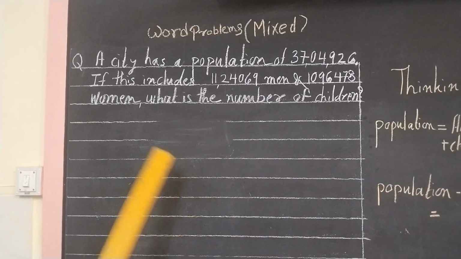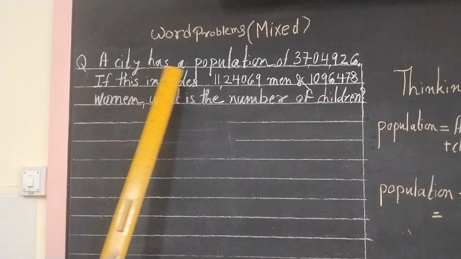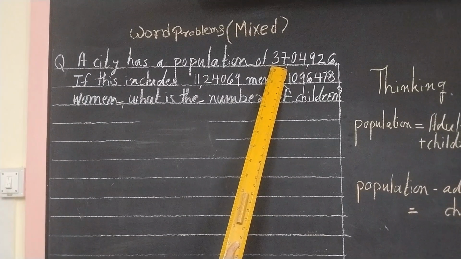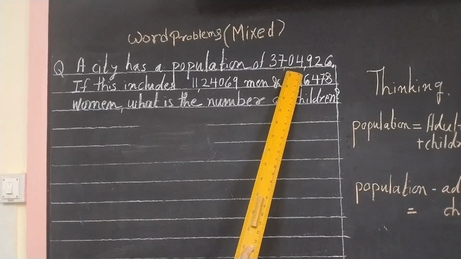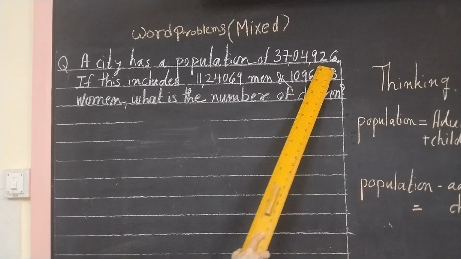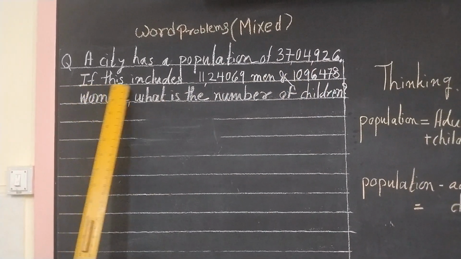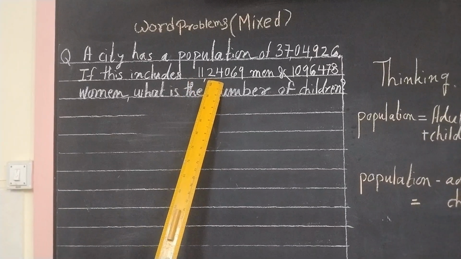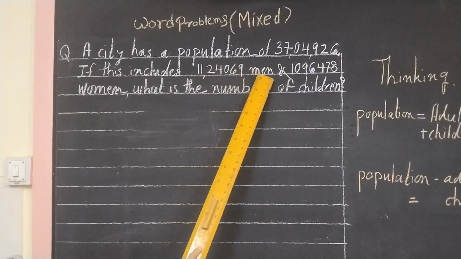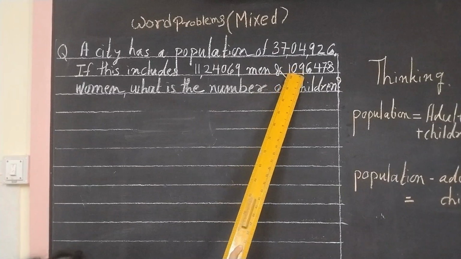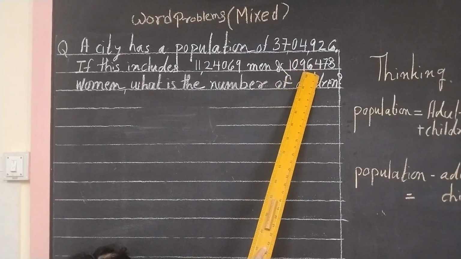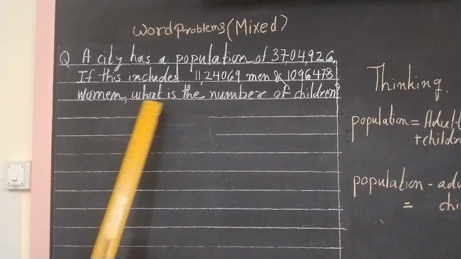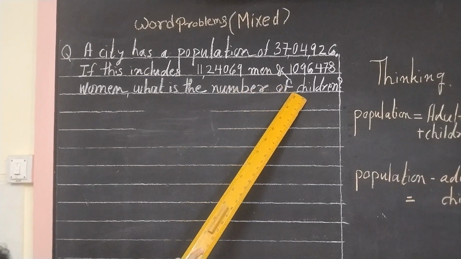For example, a city has a population of 37,04,926. If this included 11,24,069 men and 10,96,478 women, what is the number of children?